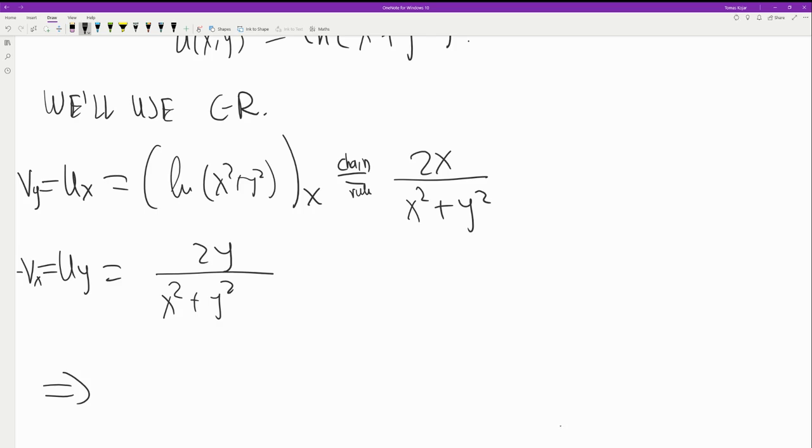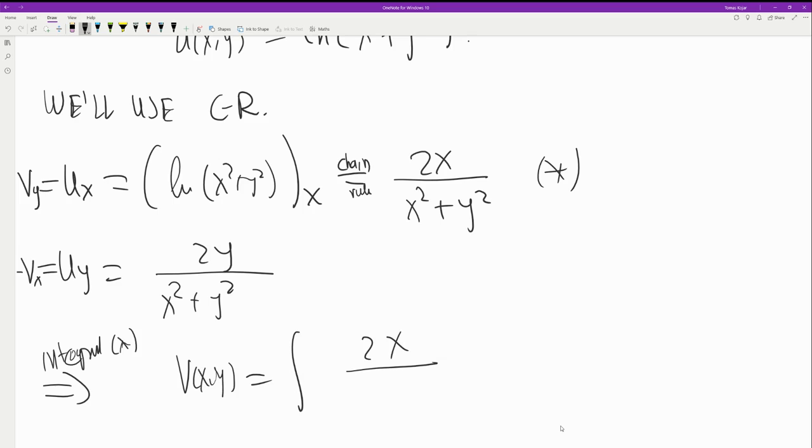Okay, so let's integrate star. So we have v is equal to what? The integral of 2x over x squared plus y squared, but in what variable? dy, because we integrate in y to get v.